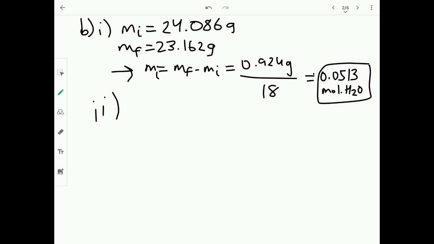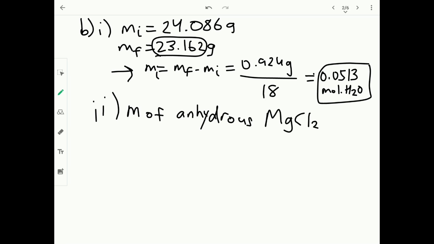So now we know that 23.162 grams is the mass of the anhydrous, because now that the water is gone, it's called anhydrous. Hydrous means with water, anhydrous means the water is gone. That's MgCl2 and the container, the flask.